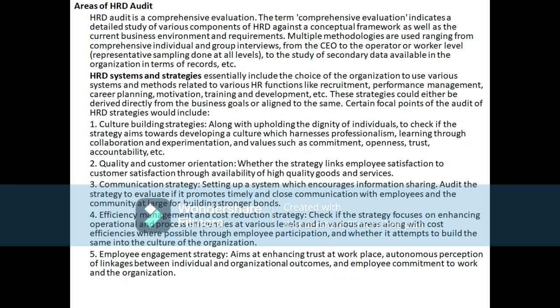For example, if we have a recruitment process, it is a system in the organization. So how well do we have objectives regarding the recruitment? What is the objective of the recruitment, and what are the clear objectives of the recruitment?